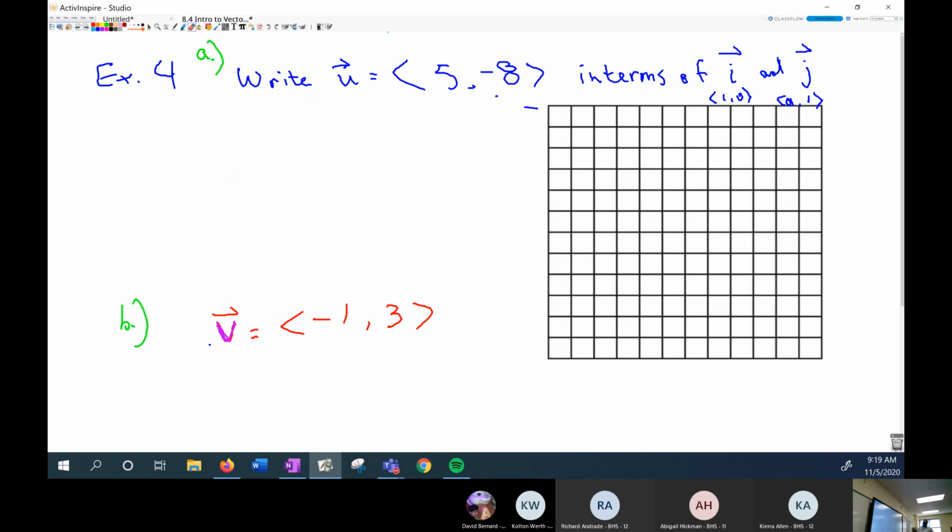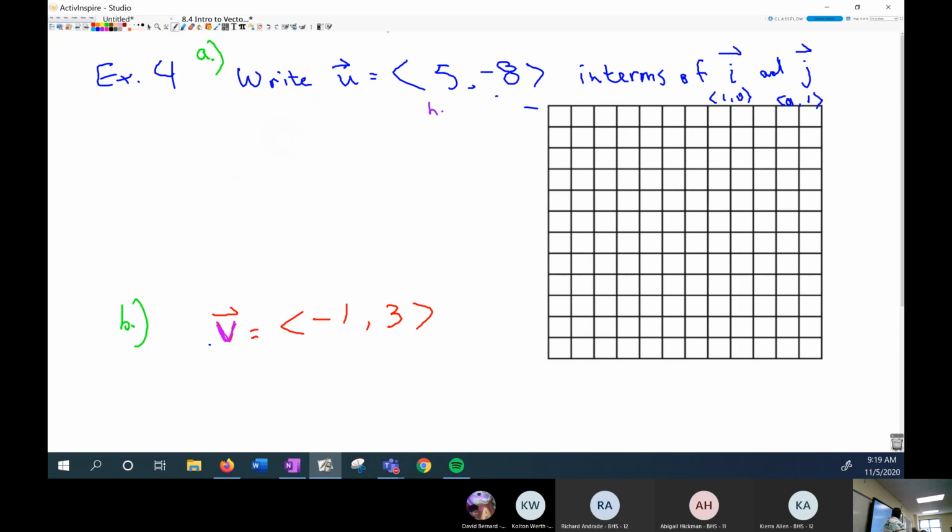Okay. So this number 4 says write vector u, which is 5 comma negative 8, in terms of i and j. Vector i is a horizontal, vector j is a vertical. So real quick, if my vector is in component form, 5, negative 8, what's that going to be if I want to turn that into linear combination form? 5i, right?